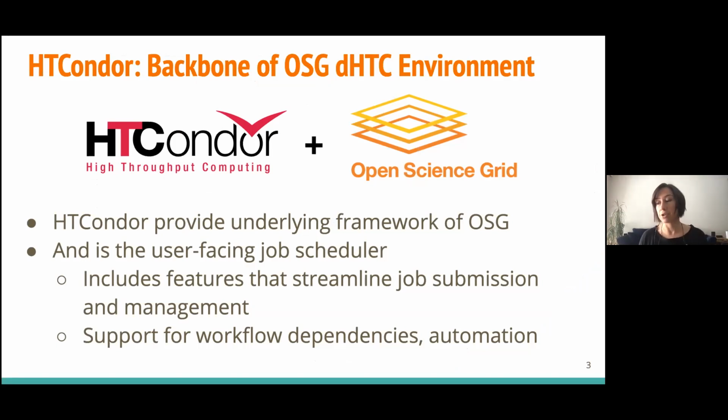In this presentation, we'll discuss how to submit jobs using HTCondor, and we'll also introduce a couple of different features within HTCondor for enabling high throughput job submission, as well as briefly discuss a couple of different options for workflow tools that can be used within the Open Science Grid for managing more complex workloads.